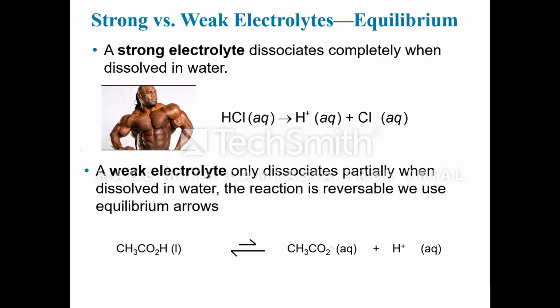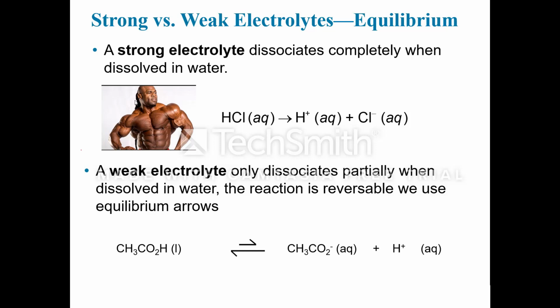Now, weak electrolytes like acetic acid, this is a weak electrolyte, they only dissociate into a small portion of ions. So for acetic acid, this would dissociate a little bit into the acetate ion and the hydrogen ion.